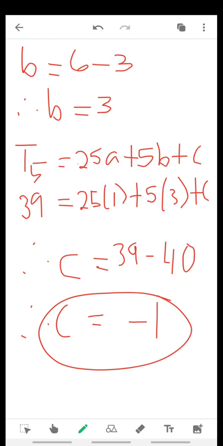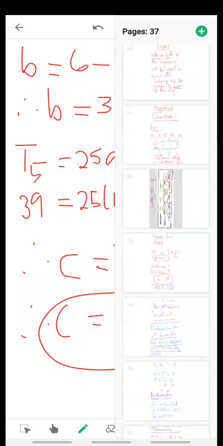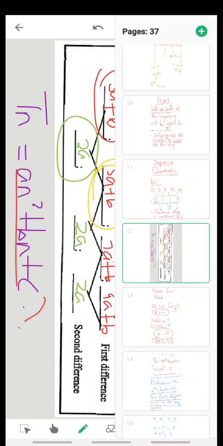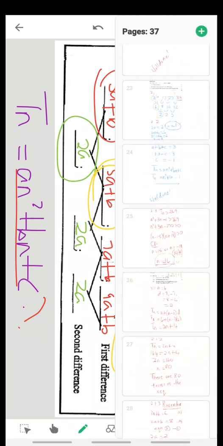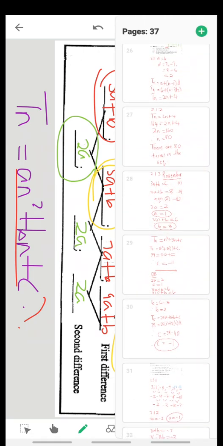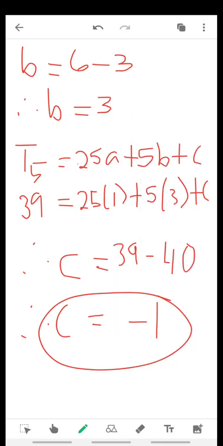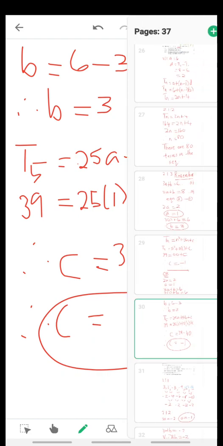This comes from the fifth term of what we did here. So this is T5, if you still remember. T5 is equal to 25a plus 5b plus c. Hence, we ended up getting our c being equal to minus 1. We have answered the question. They didn't say we must find the formula of the quadratic sequence. They just said find a, b, c.